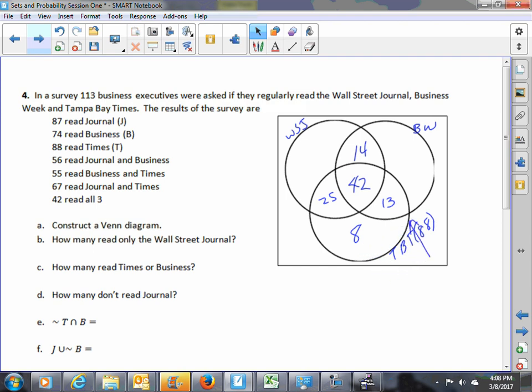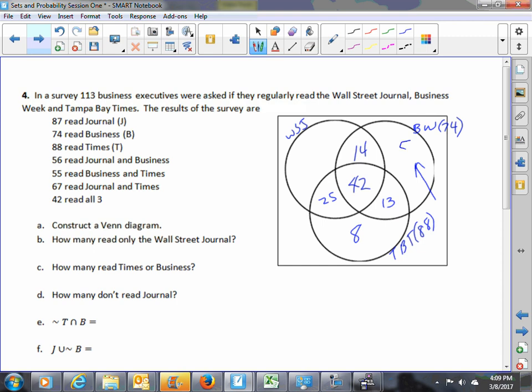All right, now we know that 74 read the Business Weekly, so there's 74 inside this circle. Now, we already have 55 plus 14, that's 69 in this circle, and since we're looking for 74, that's 5 more.